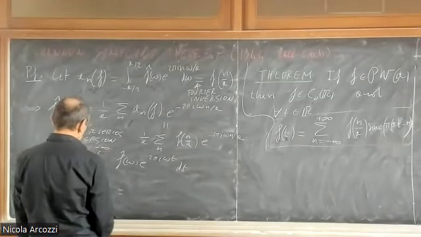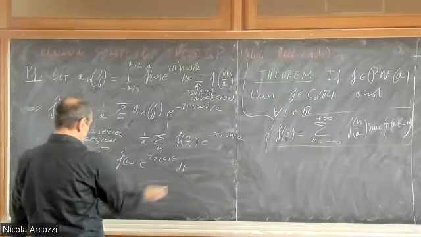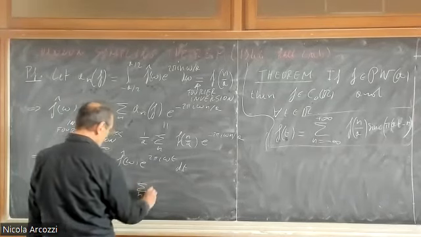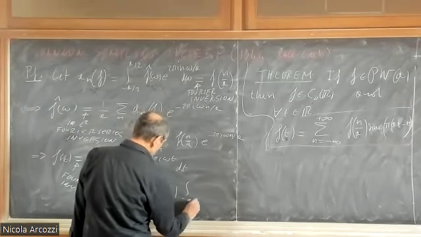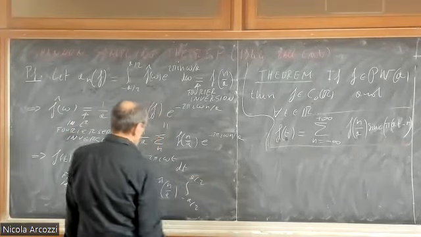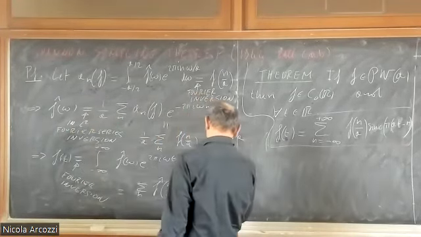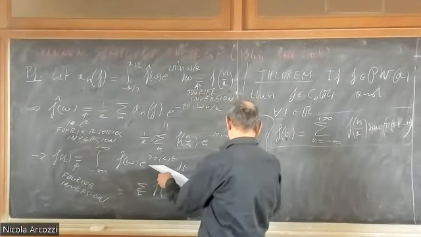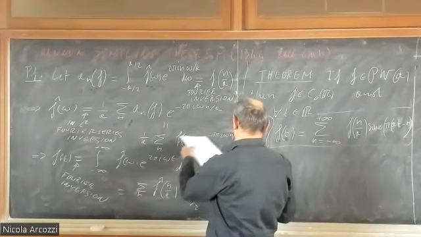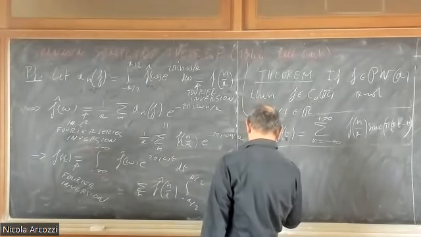I exchange sum and integral: sum over n of f of n over a, then the integral between minus a over 2 and a over 2 of e to the 2 pi i omega, x minus n over a, d omega.